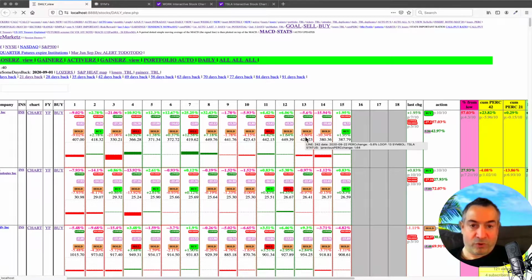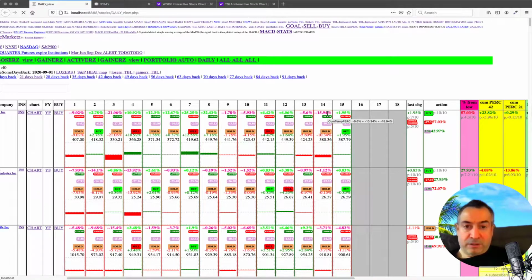Here it was positive, and then the moment it changed, I start doing a second cumulative of this. So 5 plus 10, it's 15, almost 16. So I can see directly that in 2 days it dropped 16%.